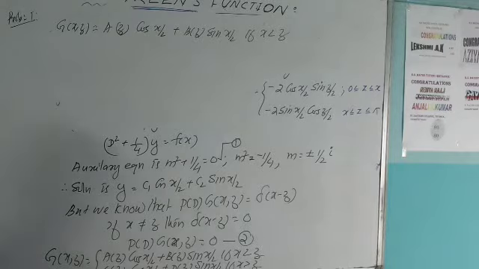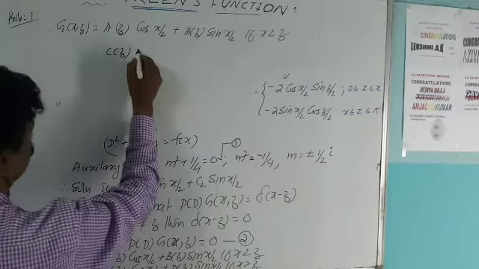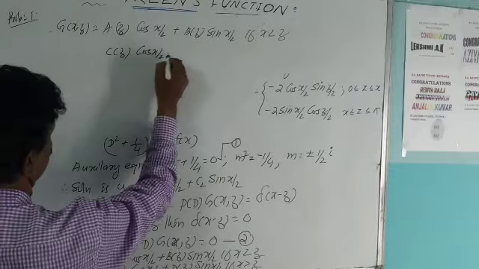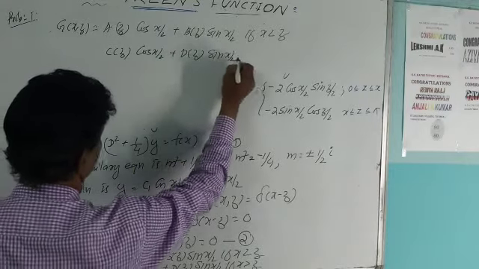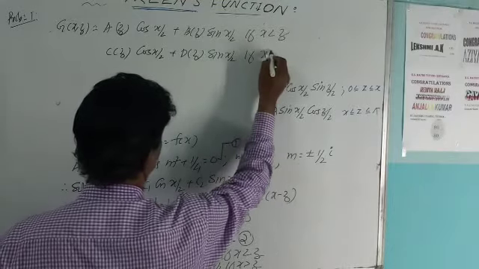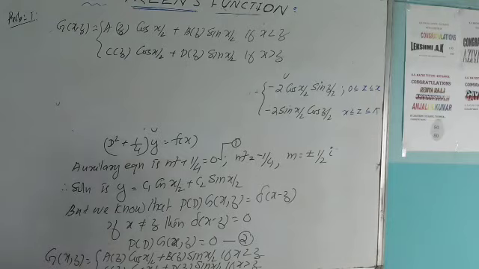And next, c(z) cos(x/2) plus d(z) sin(x/2) if x > z. Then we have to find the values of a(z), b(z), c(z), and d(z) by using 4 conditions. What will be the first condition?